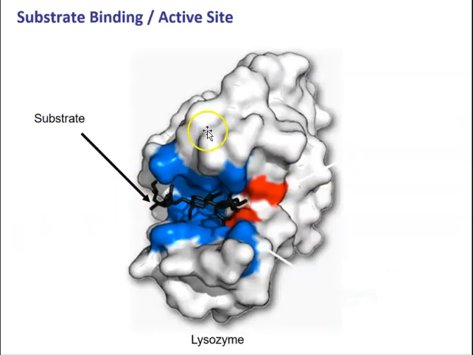Here, this is just a different way of looking at it, where instead of the strings of the individual backbone, you just get this globular three-dimensional protein structure, but we don't really see the individual alpha helices or beta sheets. It's just showing you the different amino acids that might interact with the substrate and where the substrate would be found within that binding pocket.